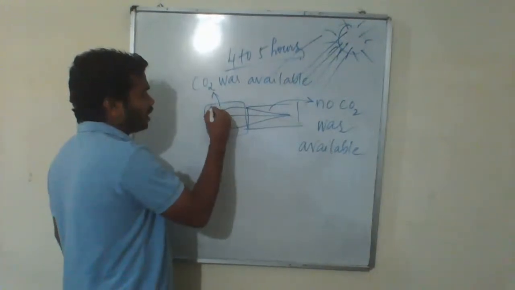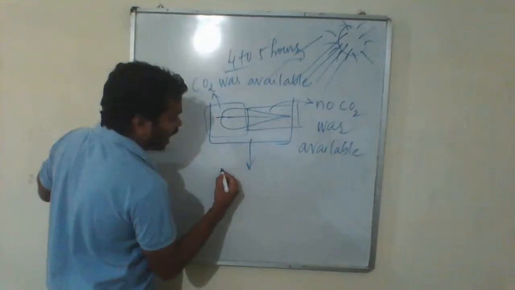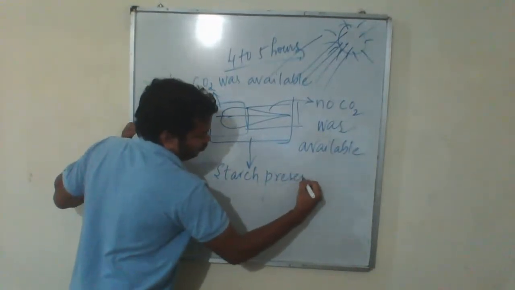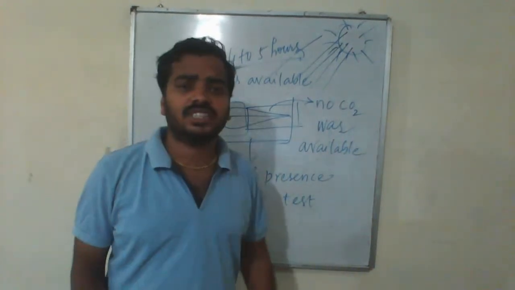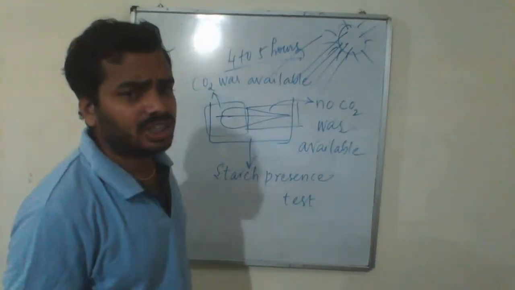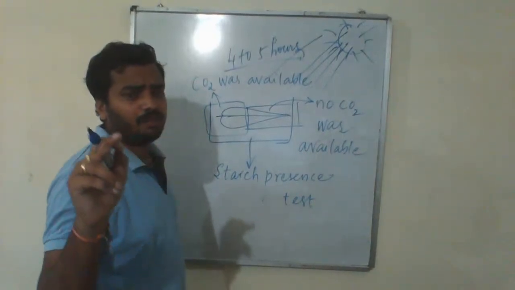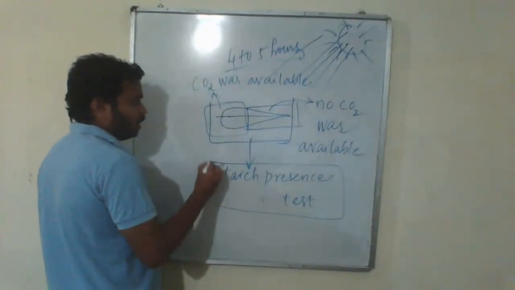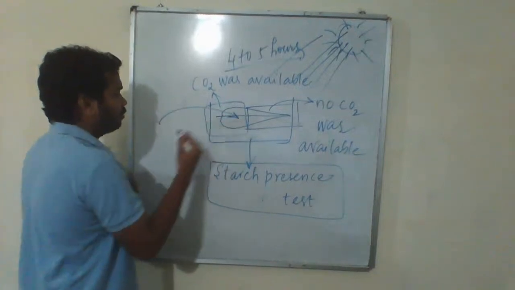Now what I am doing is I am taking this particular leaf and performing the starch presence test. See, the starch presence test was discussed in the previous class, lecture number 3 of nutrition, the food supplying system. You can type nutrition food supplying system 3. You will get it. We will perform the starch presence test for this leaf by putting iodine upon it.